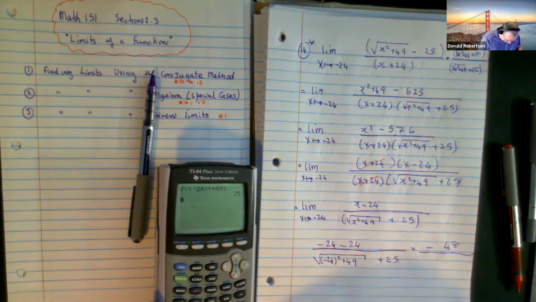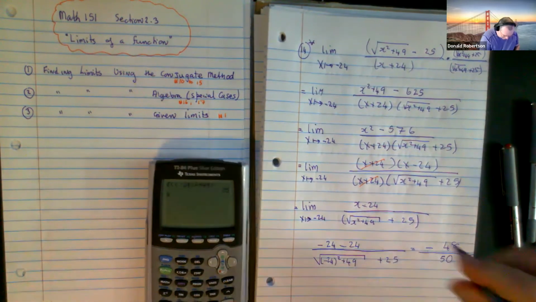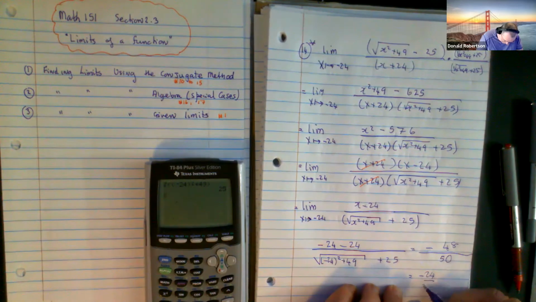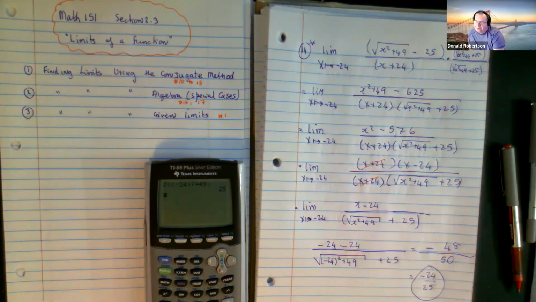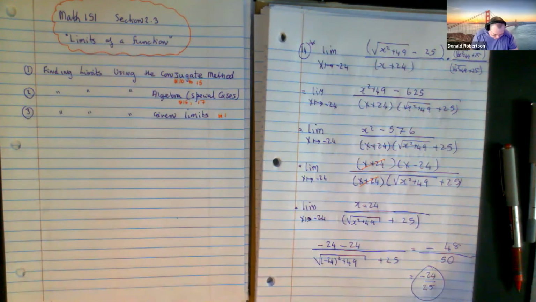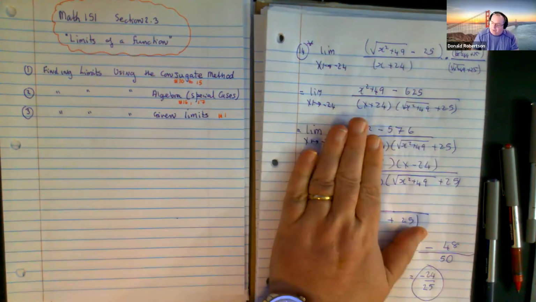And 25 plus 25 is 50. Of course, I can simplify that down to negative 24 over 25. So conjugate method, if you see a square root, you're probably going to do this question that way.